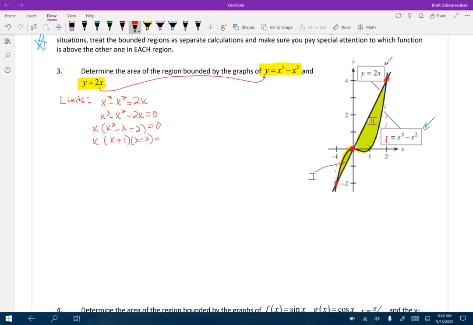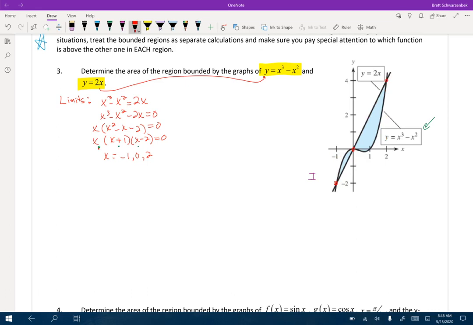If we set all three factors equal to 0, we're going to end up with x equal to -1, 0, and 2. So if you look at your diagram, that actually does verify that we have -1, 0, and 2 as the values where the graphs intersect each other.